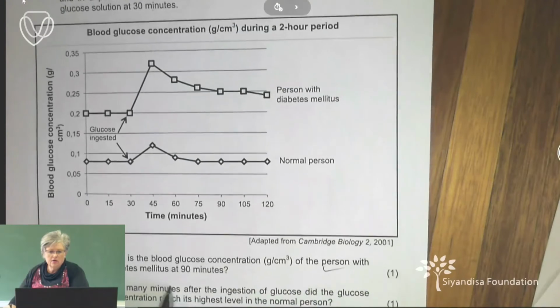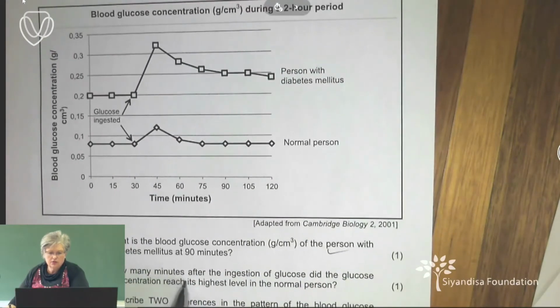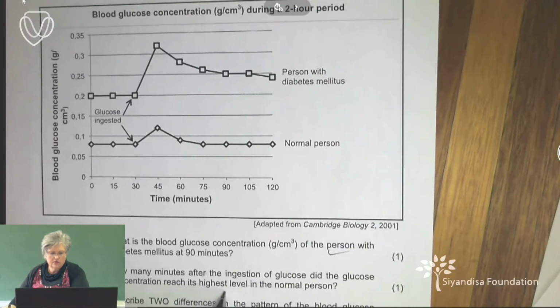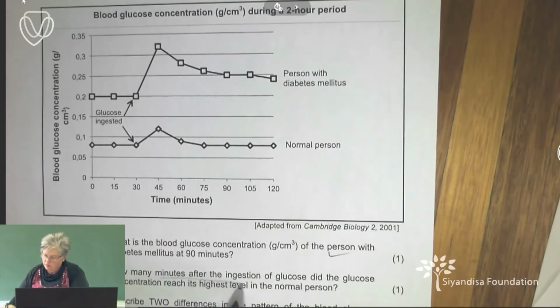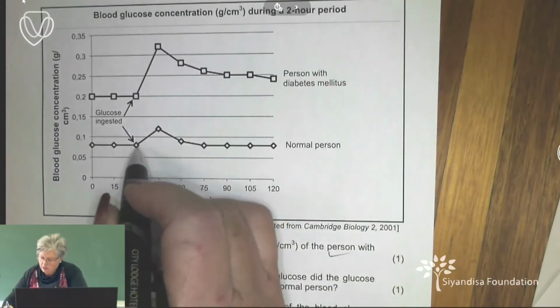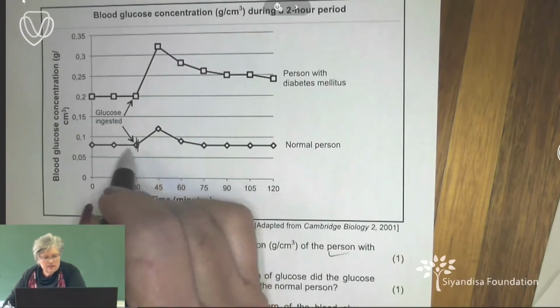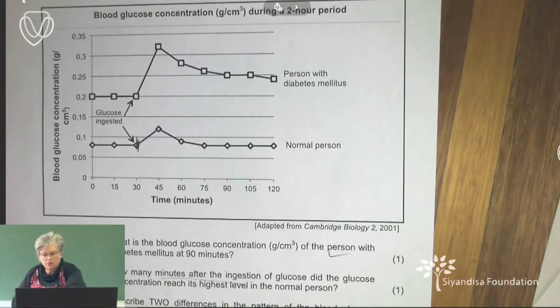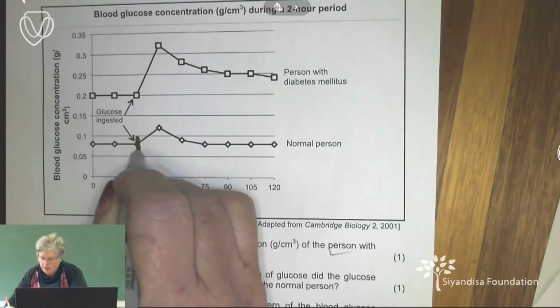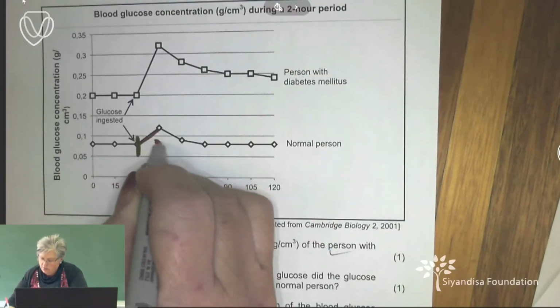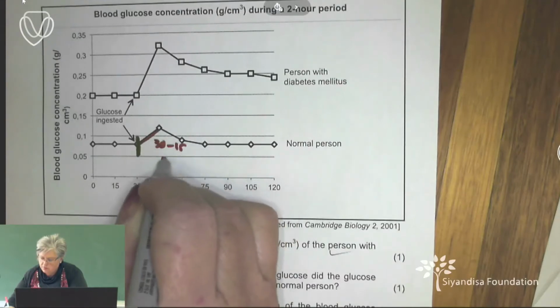How many minutes after the ingestion of glucose did the glucose concentration reach its highest level in the normal person? Okay, so here it's ingested, and here is the catch. Here is why it is a more difficult question, because glucose is only ingested from there, so 30 minus 15 gives me 15 minutes.